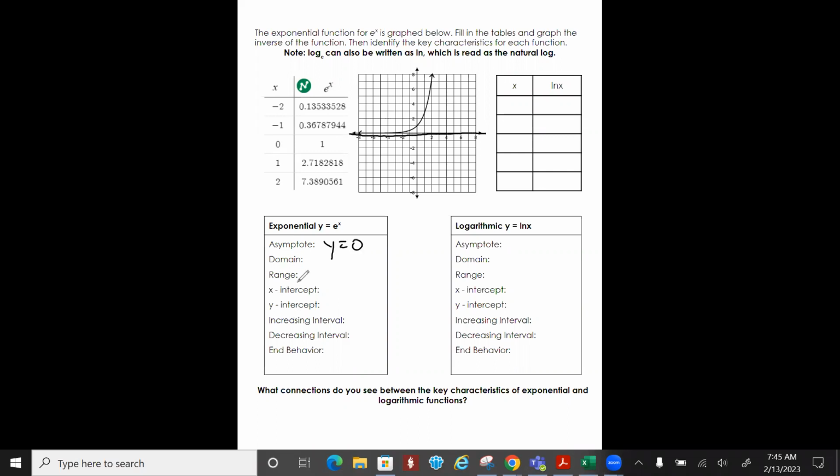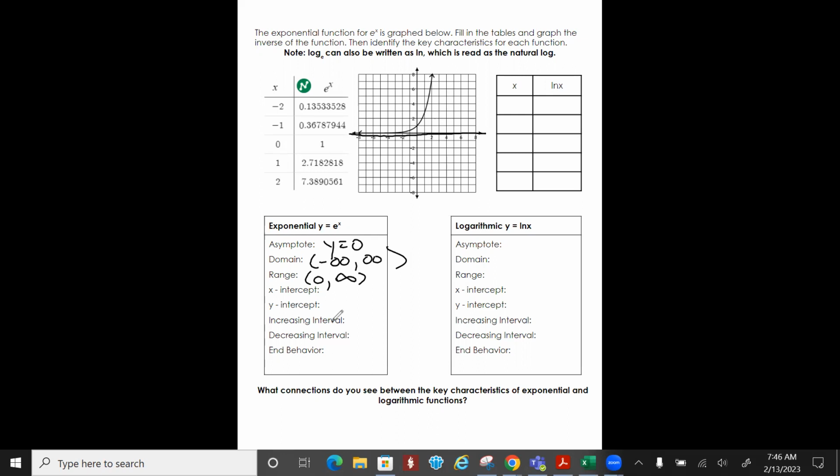What's the domain of any exponential function? Okay, so negative infinity to positive infinity. Good. Now, what's the range? Well, you just told me that there's an asymptote at 0. So that's going to be the left-hand side, right? And then up here, it keeps going on forever. So that's going to be positive infinity.